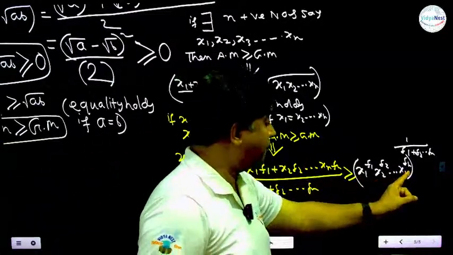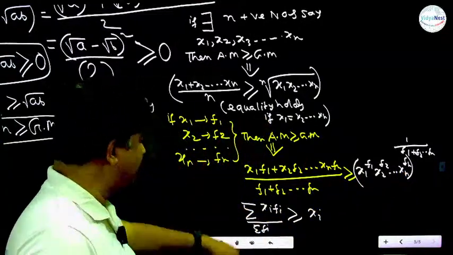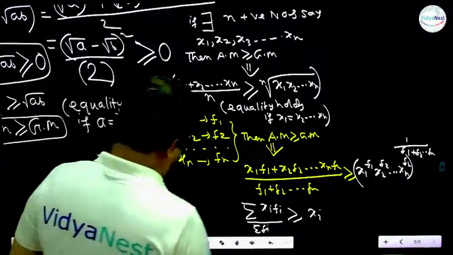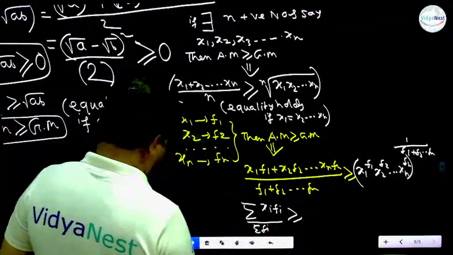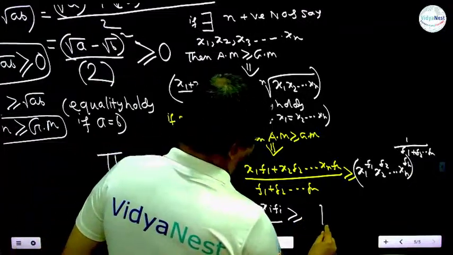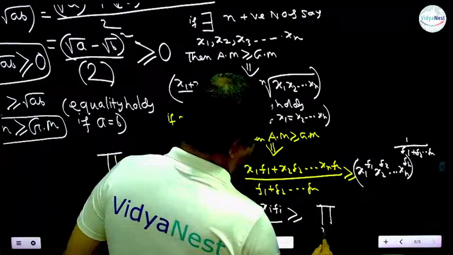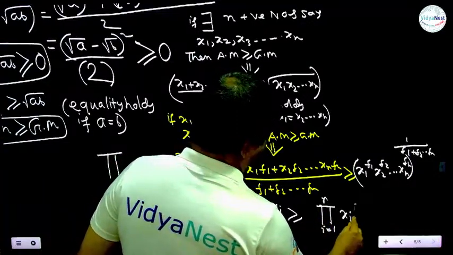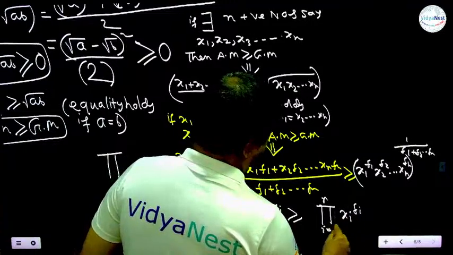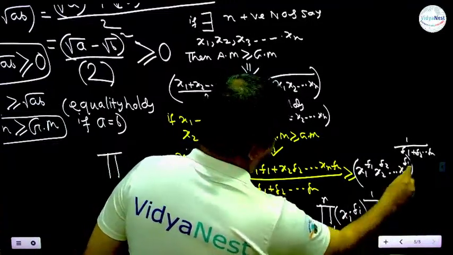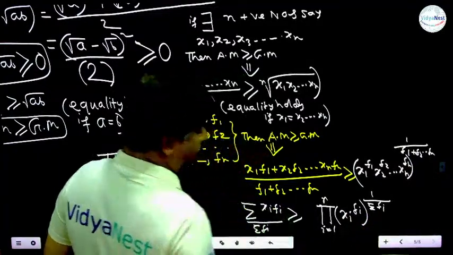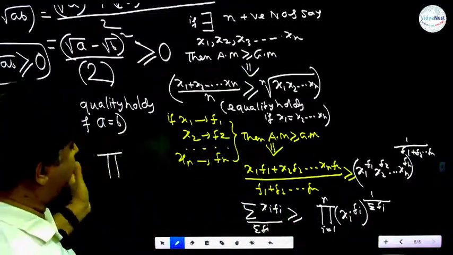How can I write the product in this way instead of using sigma? This is the product sign pi. So symbolically the product will be written like this: i from 1 to n, xi to the power fi, to the power 1 by summation of fi. So this is the expression by notation.